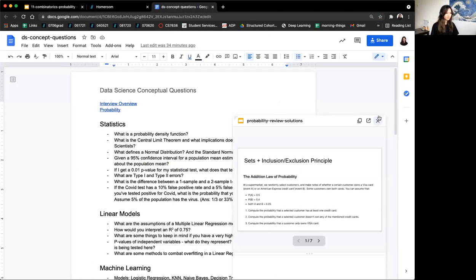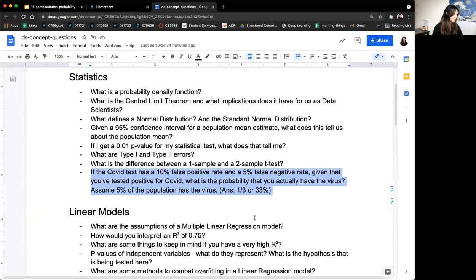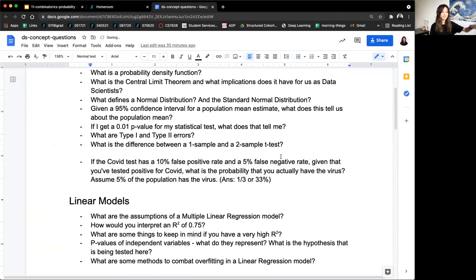Okay. That one I thought had the solutions, but this question over here, let me zoom in a little bit. Actually very, very relevant. And of all of these questions, this is the one that comes up the most. So this is a scenario. Let's just say that the COVID test has a 10% false positive rate and a 5% false negative rate.